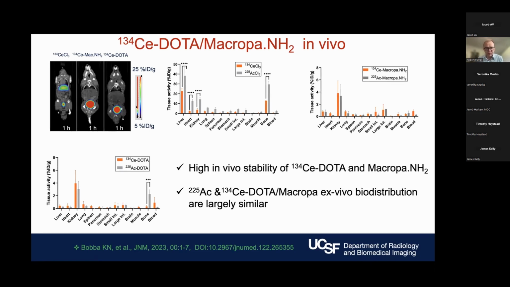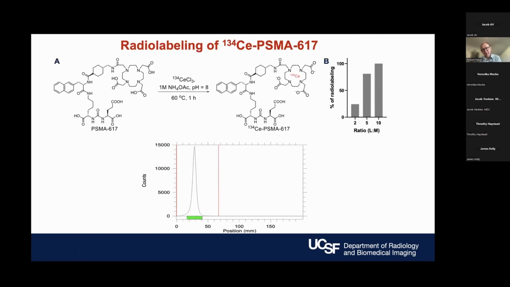So overall, this demonstrated high in vivo stability of both the cerium-134 DOTA and Macropa, and the ex vivo biodistribution of the cerium and actinium conjugates was largely similar. So with this, we turn to some applications. One that we have used is cerium PSMA-617. When labeled with lutetium-177, this is the commercial drug Pluvicto, which is used routinely for treatment of prostate cancer.